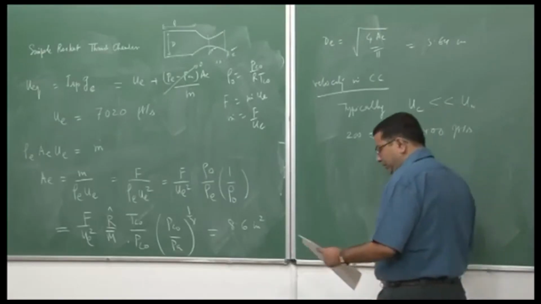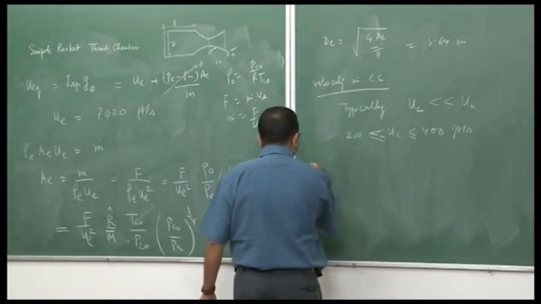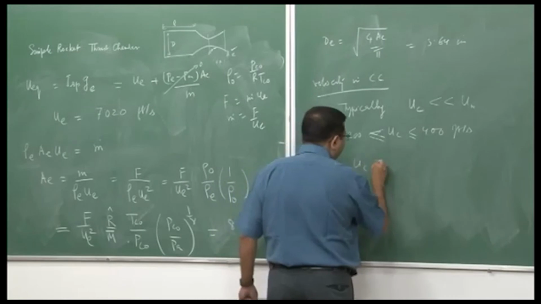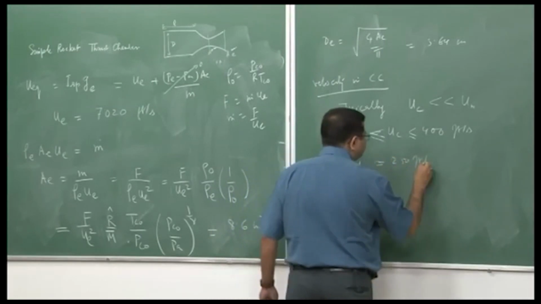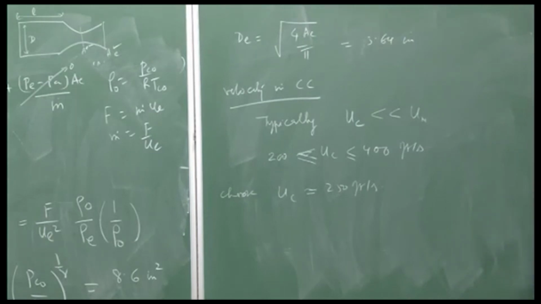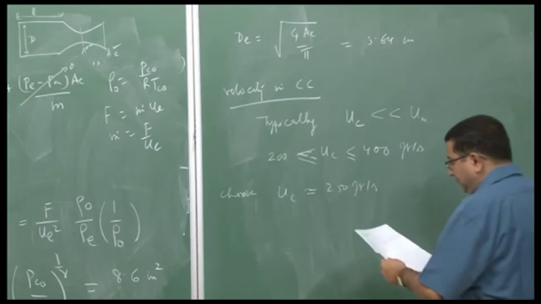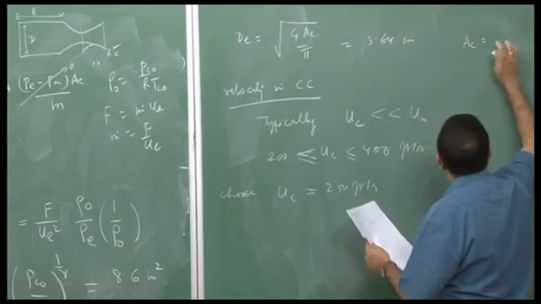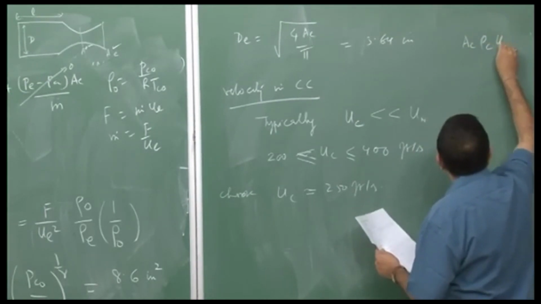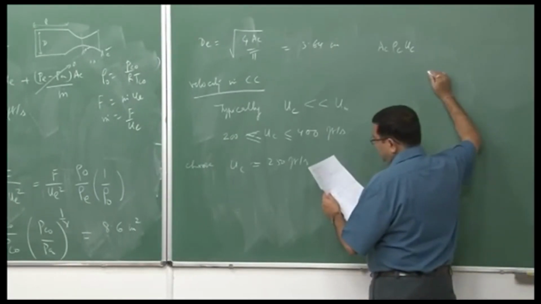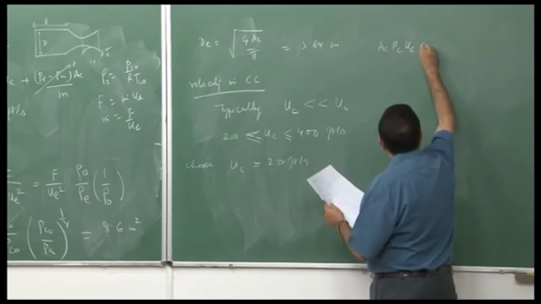For this problem, let us choose that UC is 250 feet per second, it is a reasonable value. Now, with this velocity, first of all we use the continuity equation for the combustion chamber. This is equal to rho c AC UC, which is equal to m dot.